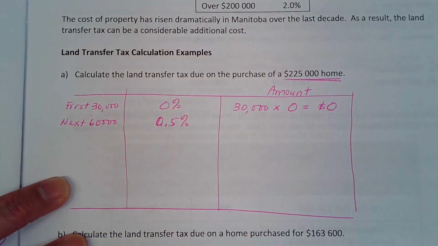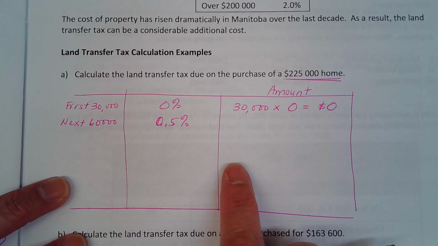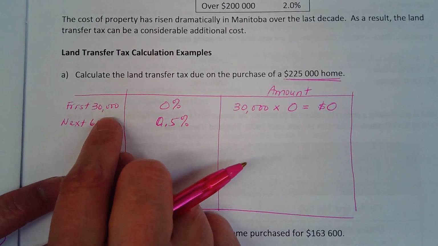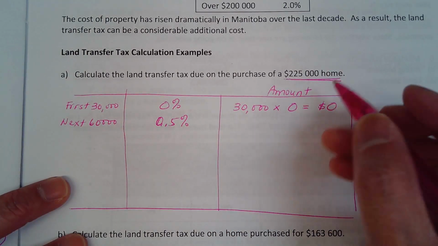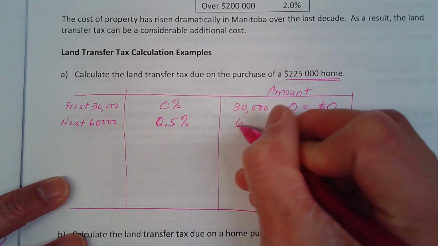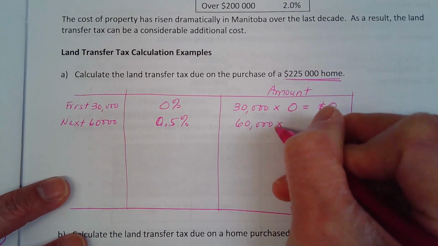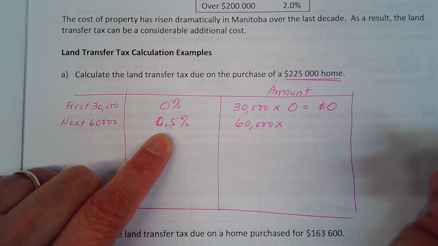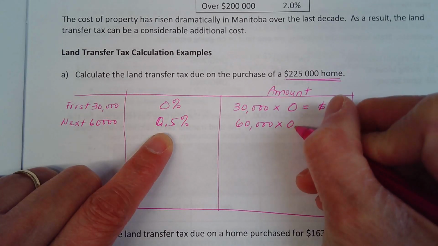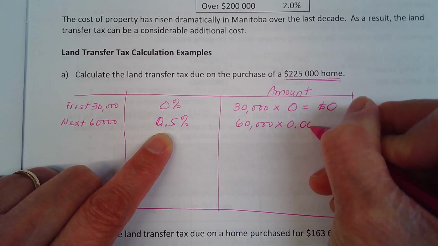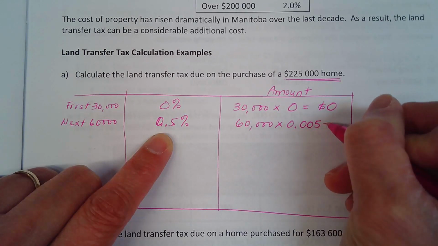0.5%. Okay, so what's the running total now? 90, right? So that's going to be 60,000 times, what's the 0.5%? 0.5 divided by 100 is 0.005.